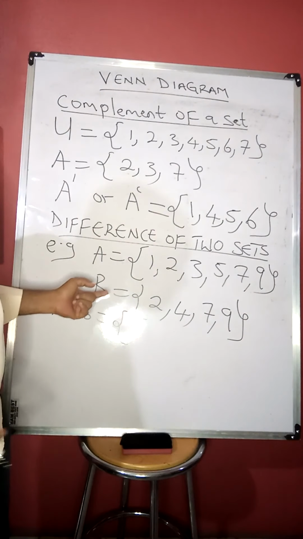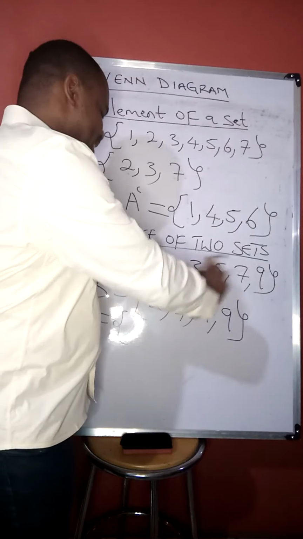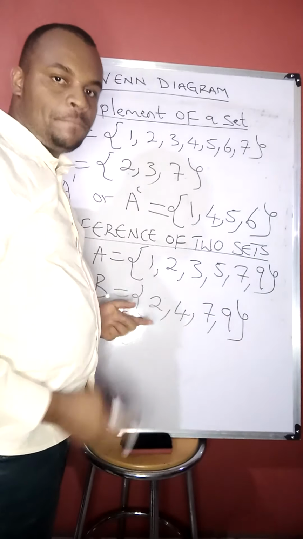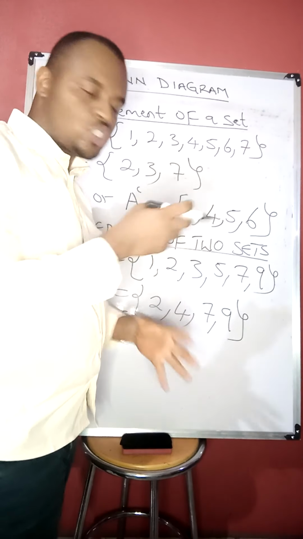A minus B means what are the elements that are in A that you cannot see in B. You are taking away B out of A.